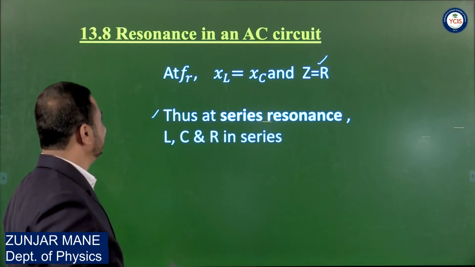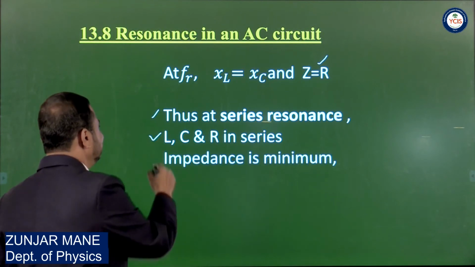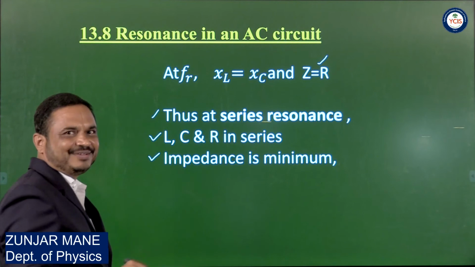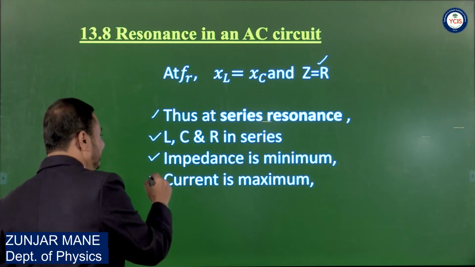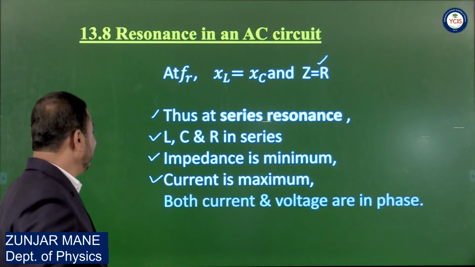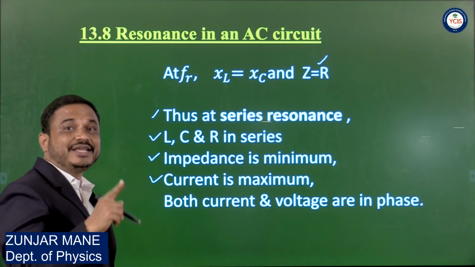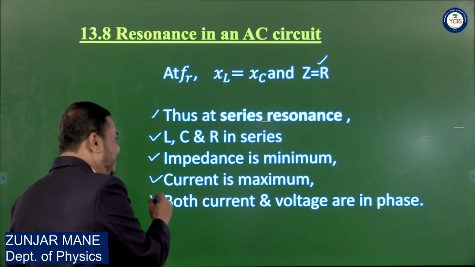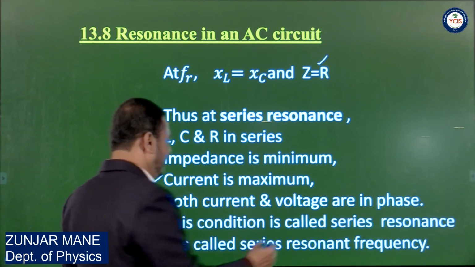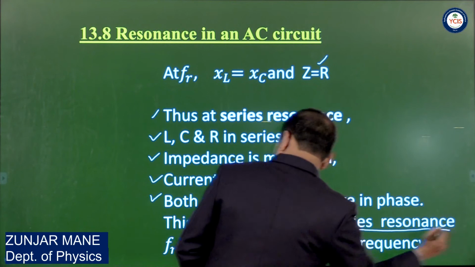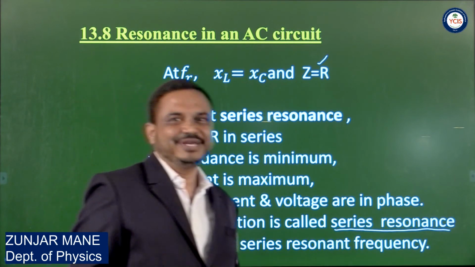Thus impedance is minimum and equal to R, and when impedance is minimum the current is maximum. When Z equals R, the circuit is purely resistive, and current and voltage are in the same phase. This condition is called series resonance, and FR is called the series resonance frequency.